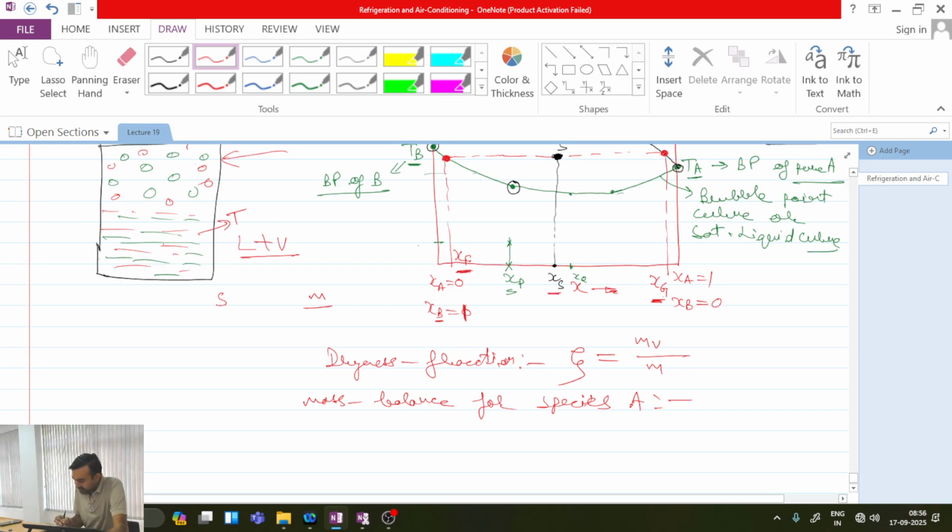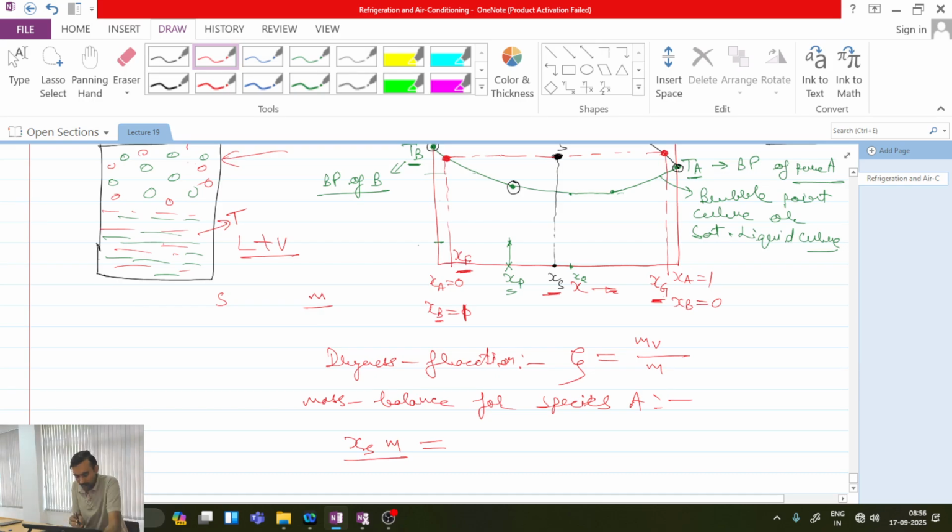If Xs is my composition, what will be the mass of species A? Xs into M will be the mass of species A, and this has to be equal to the mass of species A in the vapor phase plus the mass of species A in the liquid phase.